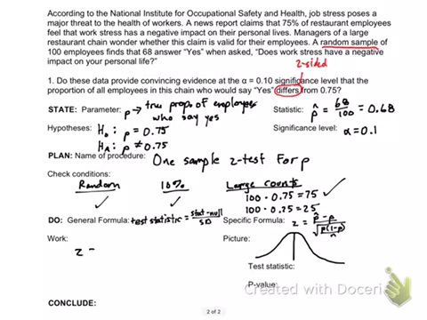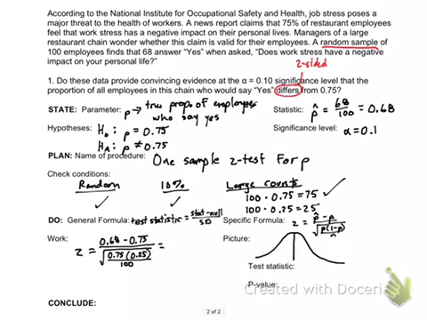So our z score right here, our stat was 0.68 that we got from the sample, the 0.75, and now we're going to calculate this out. So you've got 0.75 times 0.25 divided by n, in this case 100 employees. And you guys can do that math. In fact, if you want to pause along the way as you're doing these videos, I should have said that at the beginning, so that you can do this work on your own and then check that you did it right later.